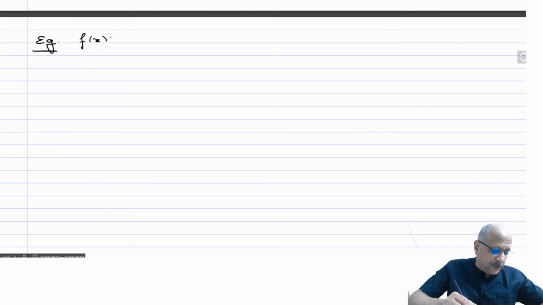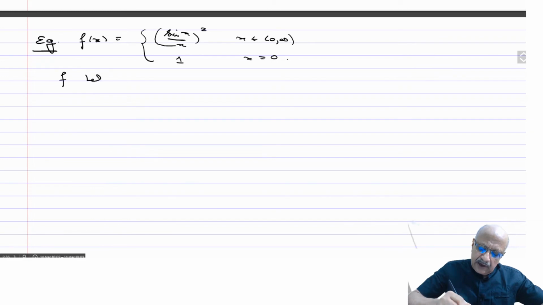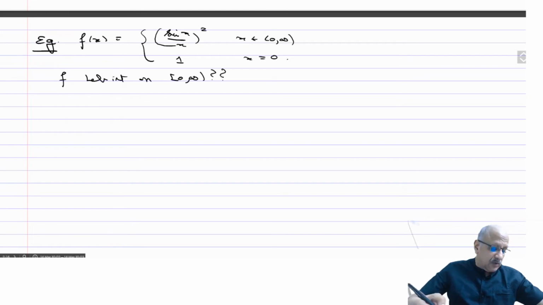So let f(x) equal (sin x by x) whole squared, x belongs to (0, infinity), and 1 if x equals 0. Is f Lebesgue integrable on 0, infinity? This is the question which we want to answer.